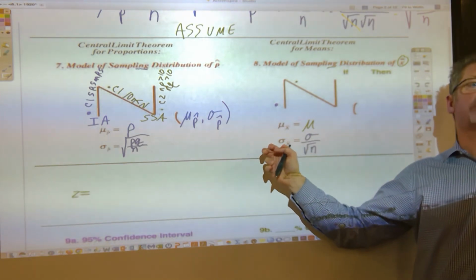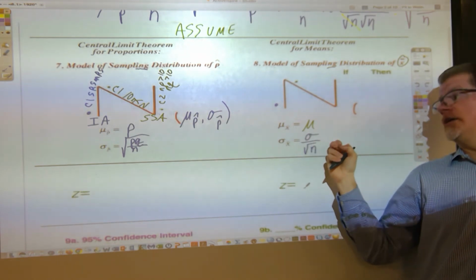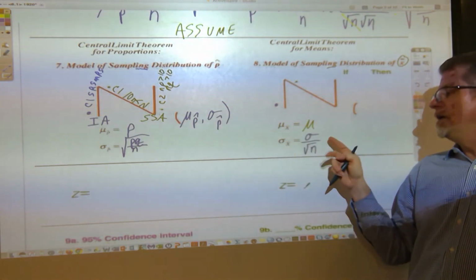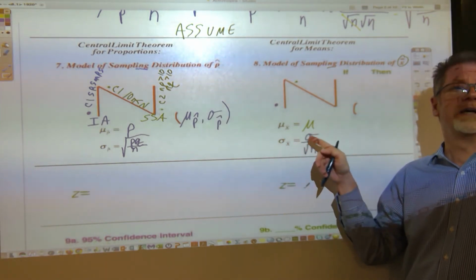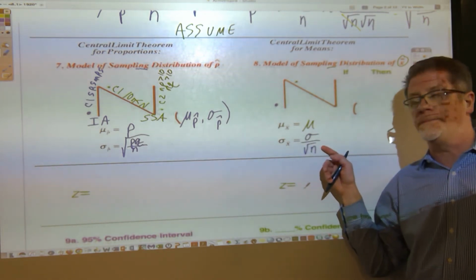And I also asserted, and for this part we're going to need Yogurt Day to give us confidence that it's true. It's not a proof, but it is an example. The standard deviation of the sampling distribution of sample means is the true standard deviation divided by the square root of the sample size.